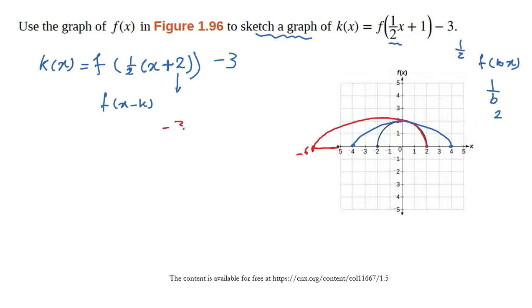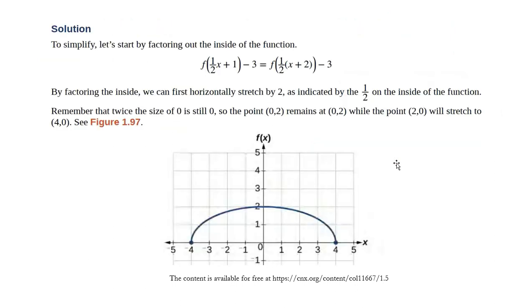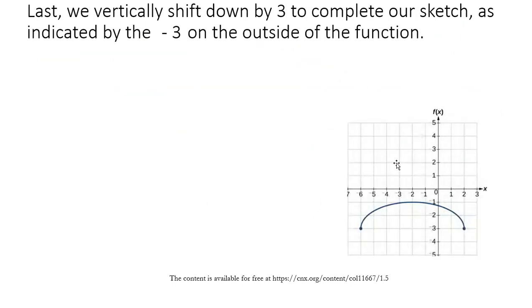Then minus 3, 3 units shift toward down, you shift it 3 units toward down, 1, 2, 3. This is the final graph.